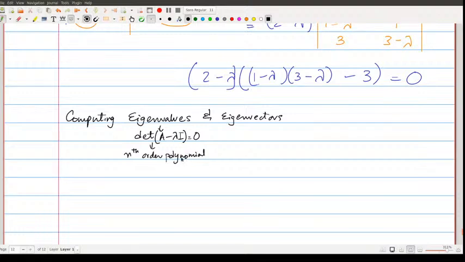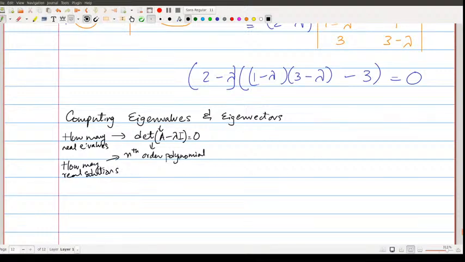In the case when I get real roots, maybe I get 2 distinct roots or maybe just 1 repeated root. So how many real eigenvalues we get depends on how many real solutions we have for this nth order polynomial that we get from this equation.